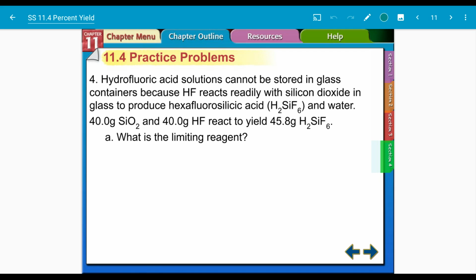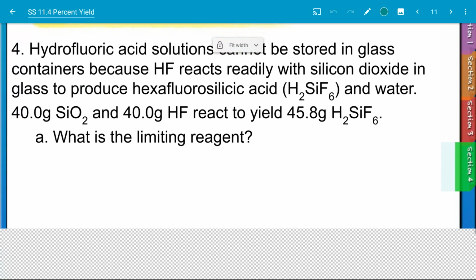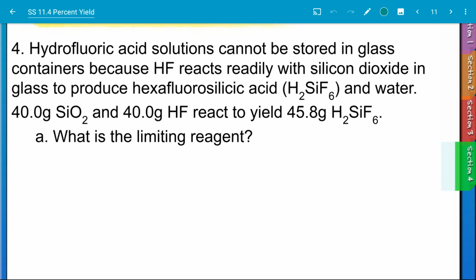All right, so it says, what is the limiting reagent? Well, obviously, to get the limiting reagent, we have to write the balanced chemical equation first. We are taking hydrofluoric acid plus silicon dioxide to produce some weird acid here.